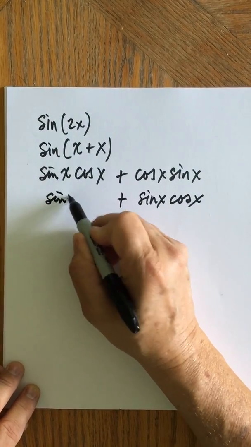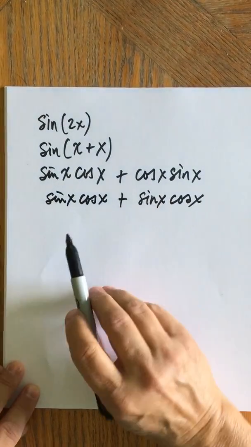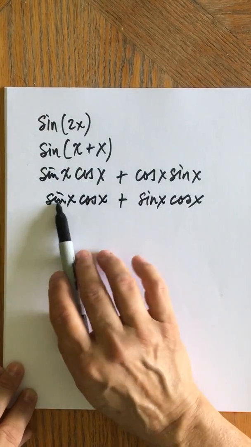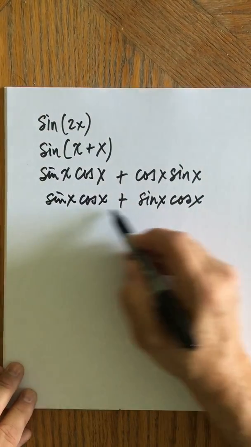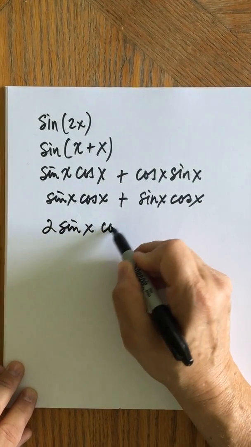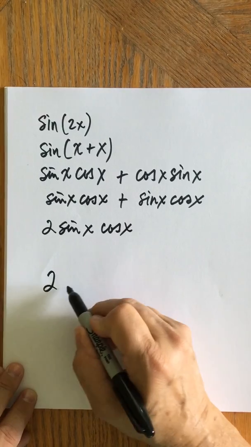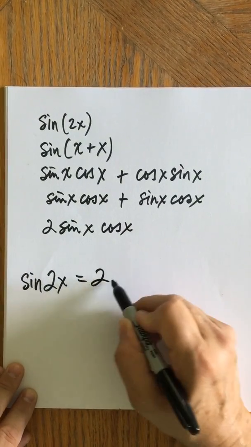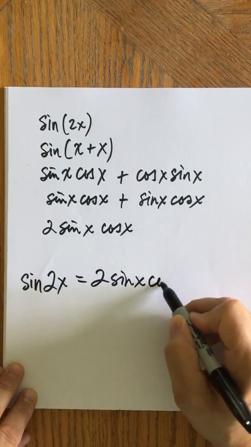How many of these did you have that look exactly the same? Sine x cosine x, I have two of them. So I have 2 sine x cosine x. So here's one of your double angle formulas: sine of 2x equals 2 sine x cosine x.